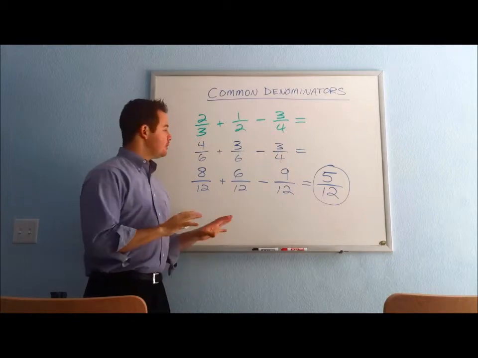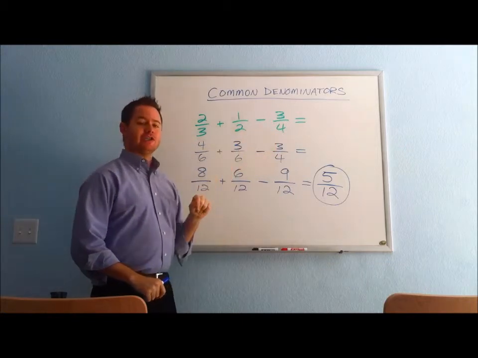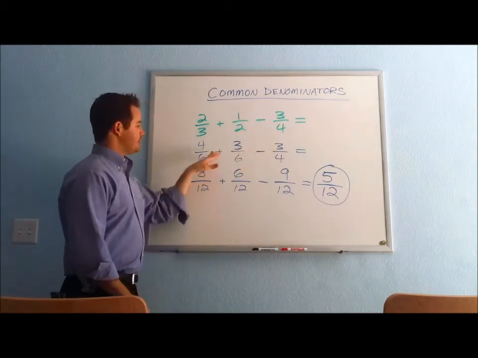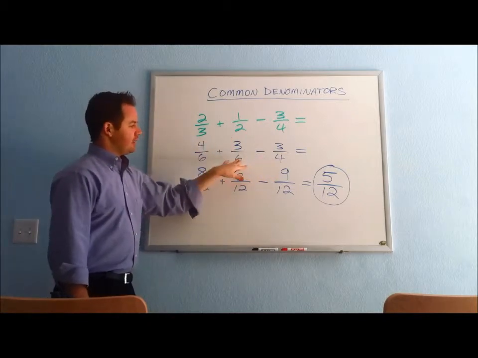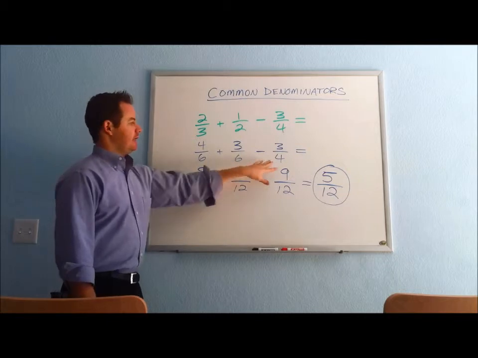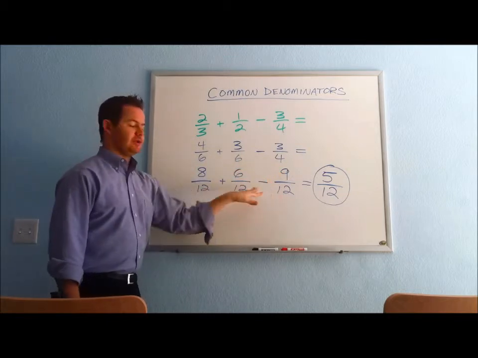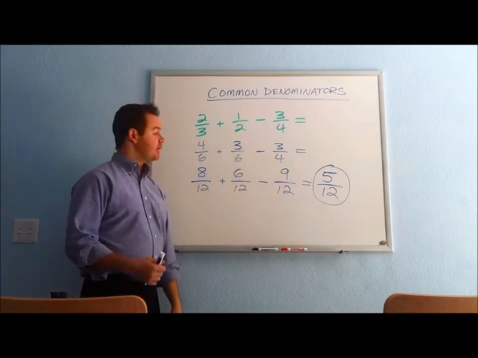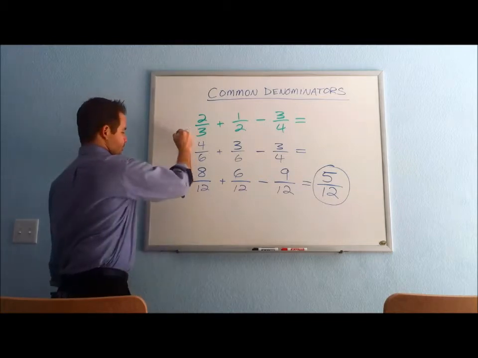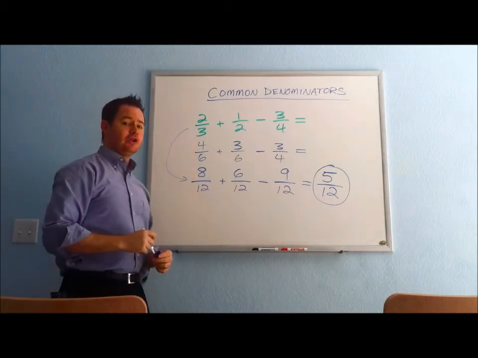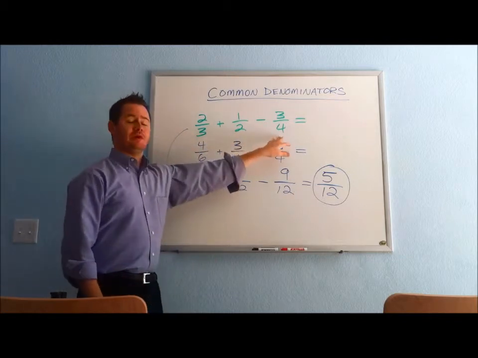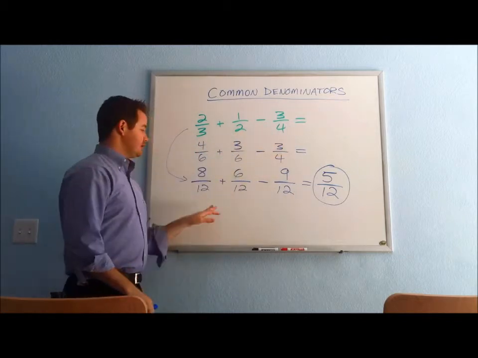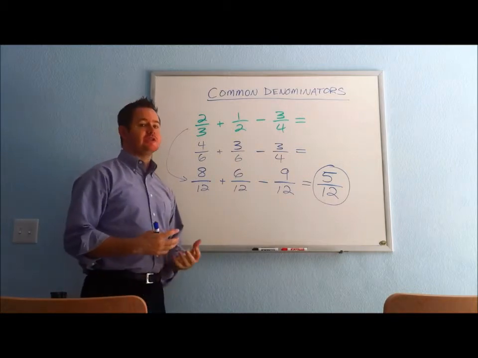Again, I know that it's a little bit more complex when we have three fractions, so try to break it up into steps. Find a common denominator between two of them, and then find a common denominator between that number and your remaining fraction so that you have a common denominator for all three. If you're comfortable doing this all in one step and you're able to see that the least common multiple between 3, 2, and 4 is 12, then you can certainly take that approach.